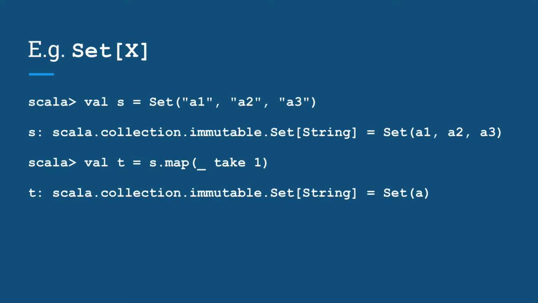Well, strings are sequences in Scala, so it just takes not the first element, but the sequence consisting of one character. So the result would be, we take all values of s and produce what? String A, string A, string A. But we have sets. So A is equal to A and is equal to A. So the result would be just a set consisting of just one string, A.